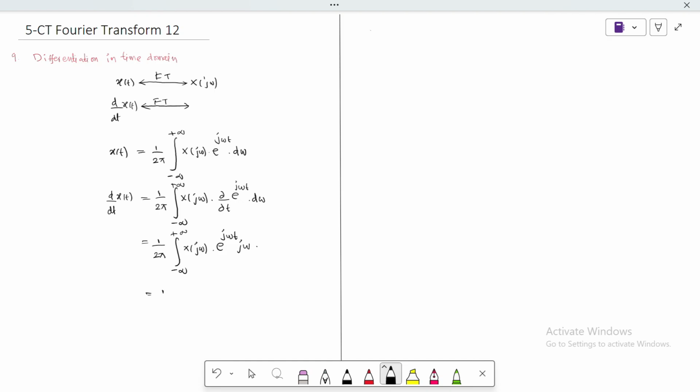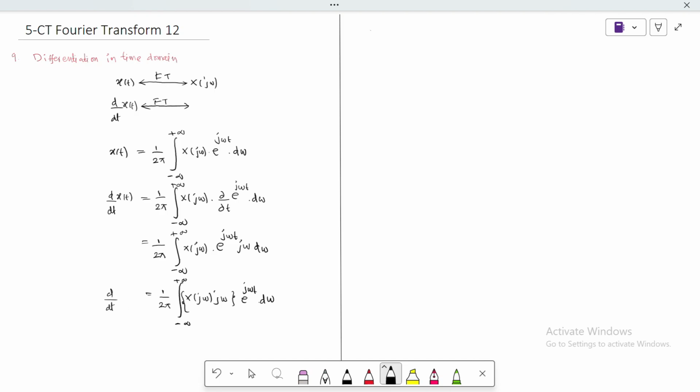What we are getting is 1 by 2π integral from minus infinity to plus infinity of X(jω) into jω, the frequency domain signal, into e^(jωt) dω.